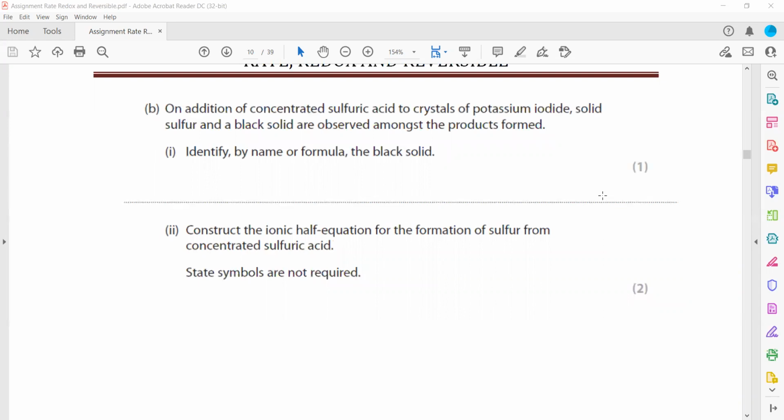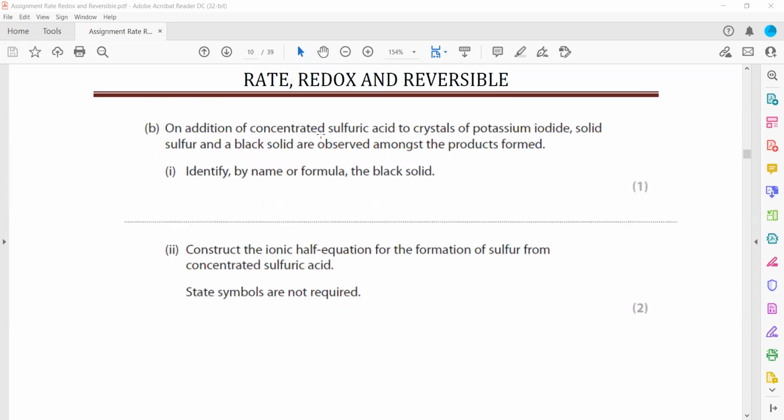On addition of concentrated sulfuric acid to the crystals of potassium iodide, solid sulfur and a black solid are observed. So a black solid was observed among the products. Identify the black solid. So what will be the black solid here?